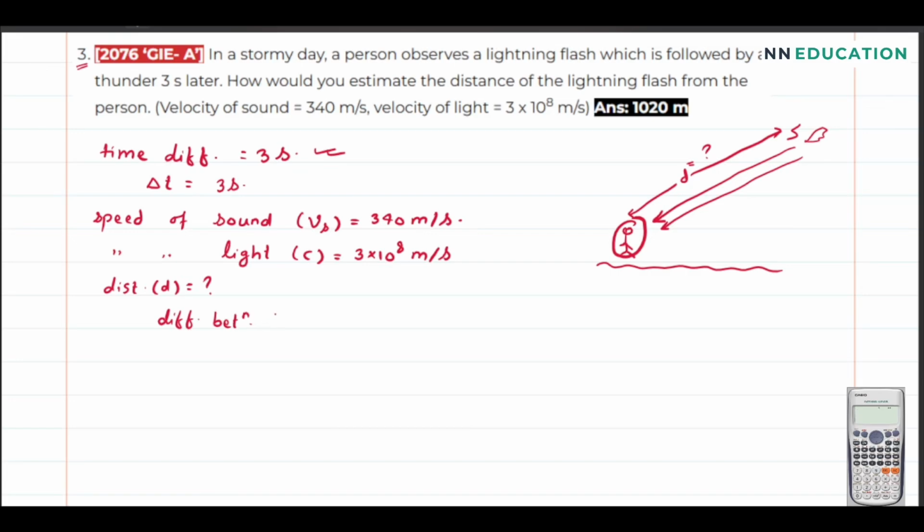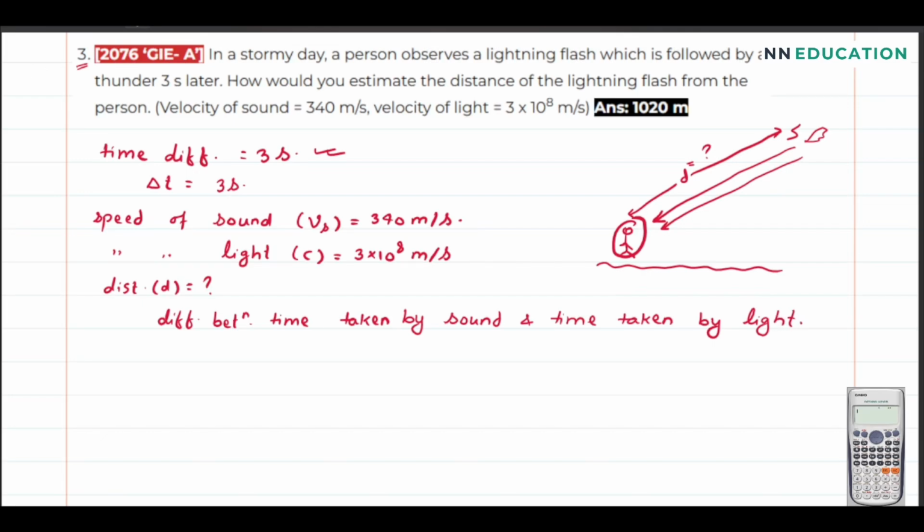Therefore the 3 second delay is the difference between the time taken by sound and the time taken by light, because sound takes more time than light.